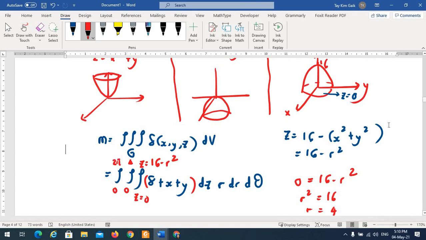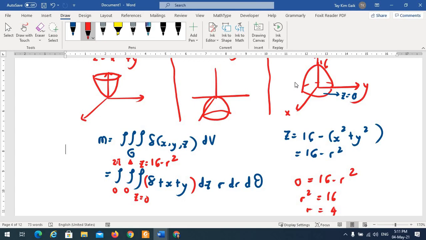Sometimes if they say in the first octant only, it means, in 3D space, that in 2D we have 4 portions, quadrants 1, 2, 3, 4. And because in 3D we have z positive and negative, the upper part, when z is positive, has 4 portions, and z negative has another 4 portions, so the total is 8 portions.